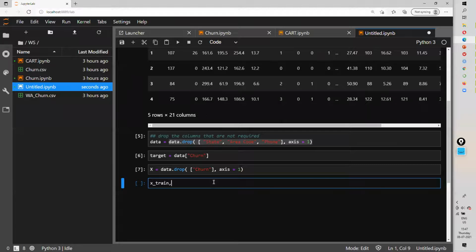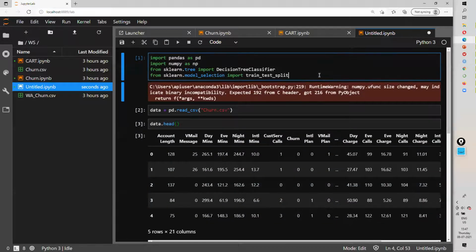So x_train, y_train, comma, x_test, comma, y_test. That's like creating separate data sets, train_test_split.